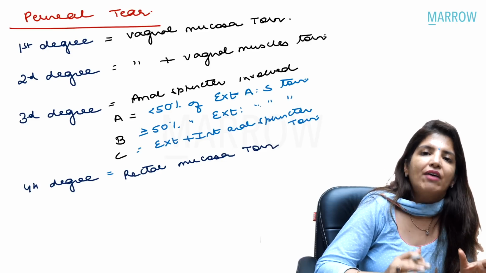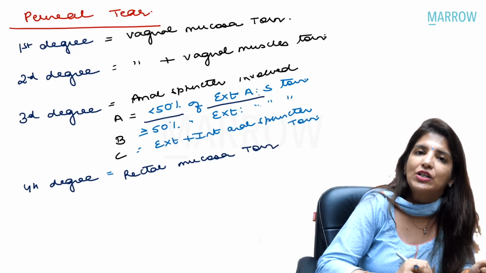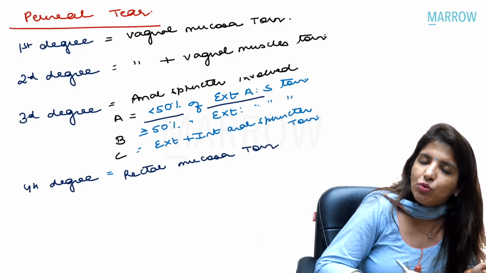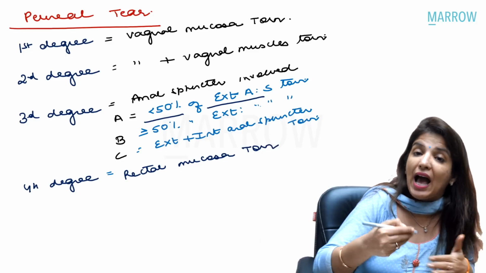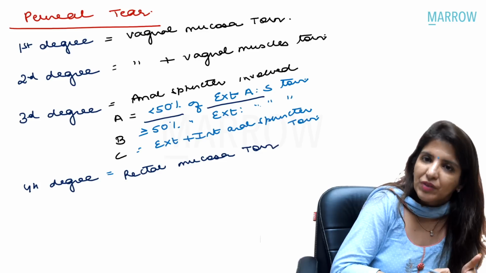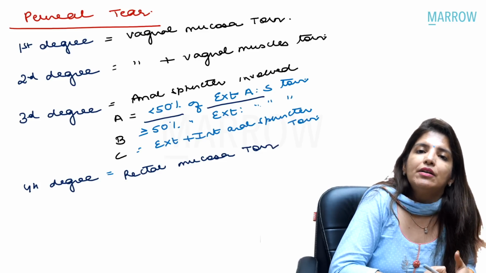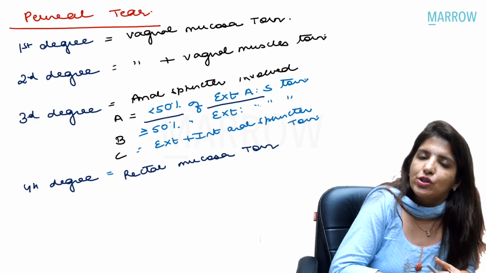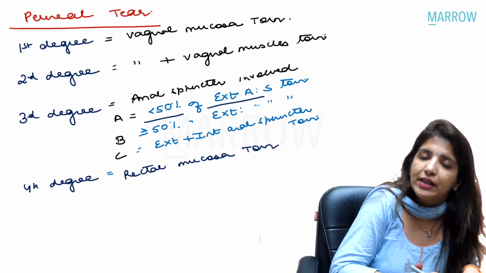And in this, we have A, B, and C. A means less than 50% of external anal sphincter torn. B means more than or equal to 50% of external anal sphincter torn. And C means external and internal anal sphincter torn, right? And fourth degree perineal tear means that the tear is extending to the rectal mucosa. So if a tear extends to the rectal mucosa, that means it is a 4th degree perineal tear.